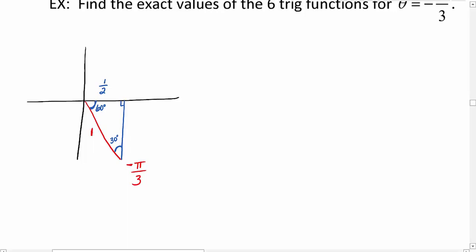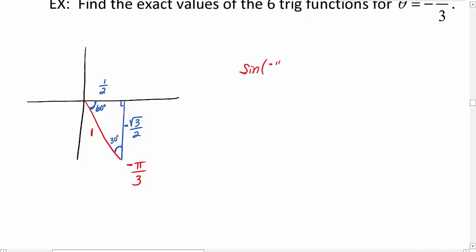And remember, the sides corresponding are always across, so the long side is going to be across over here. Square root of 3 over 2, but since we are in the fourth quadrant, that square root of 3 over 2 is going to be negative because it's a negative y direction. And now we just need to write out our 6 trig functions.